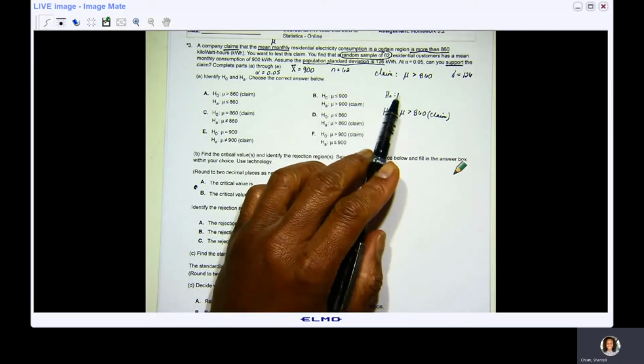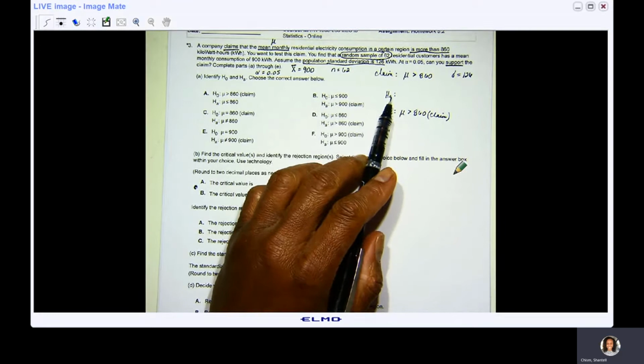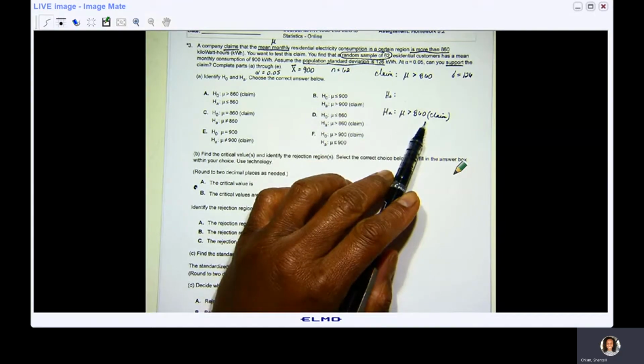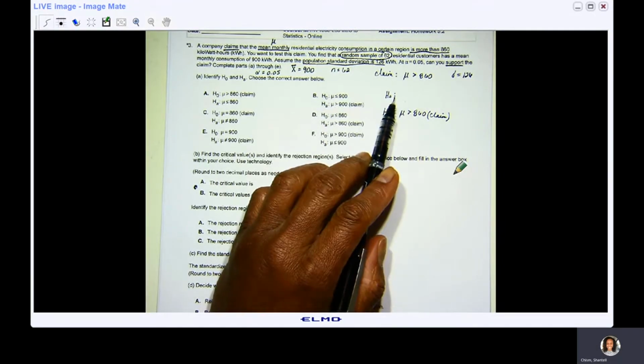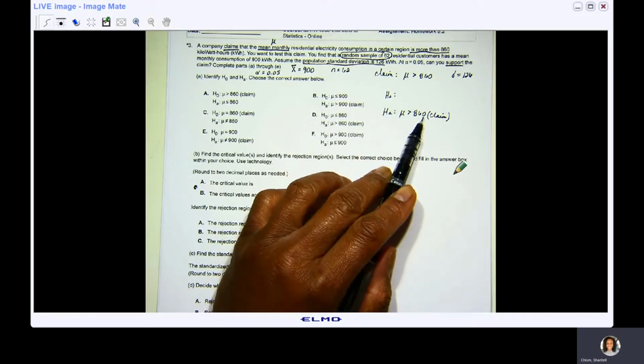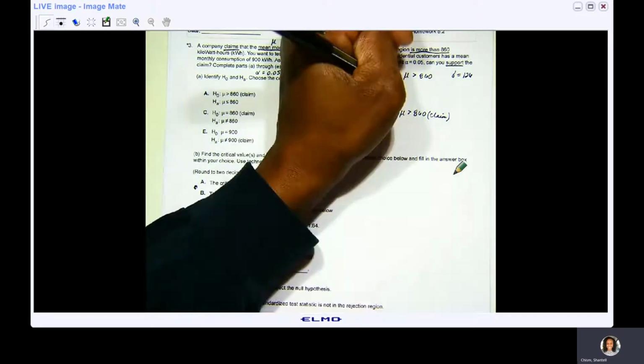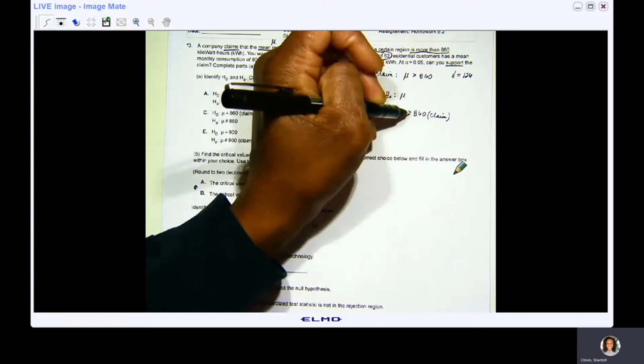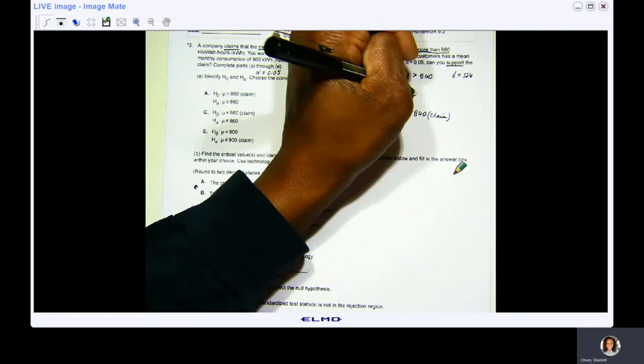Because remember, when we set up our test, we're testing H0. Even though the claim is HA, we will test whether or not to reject or fail to reject H0, and then that will tell us about our claim. So the opposite of greater than is less than, and then H0 has to contain equality. And then we still got 860.